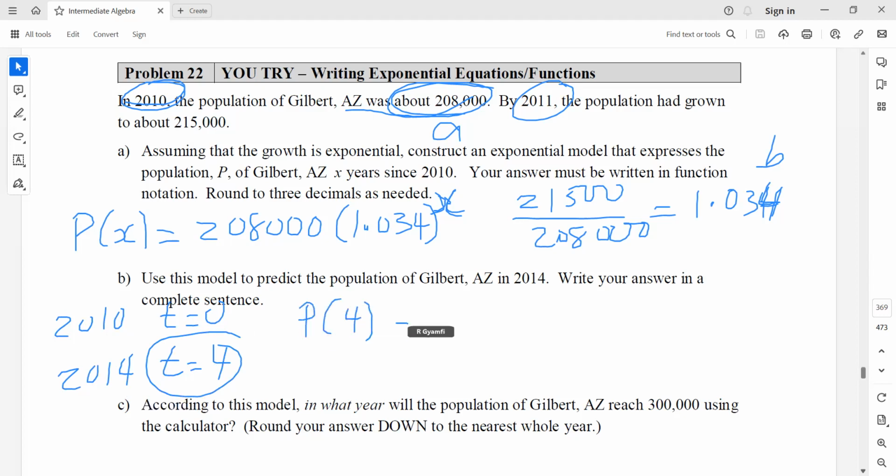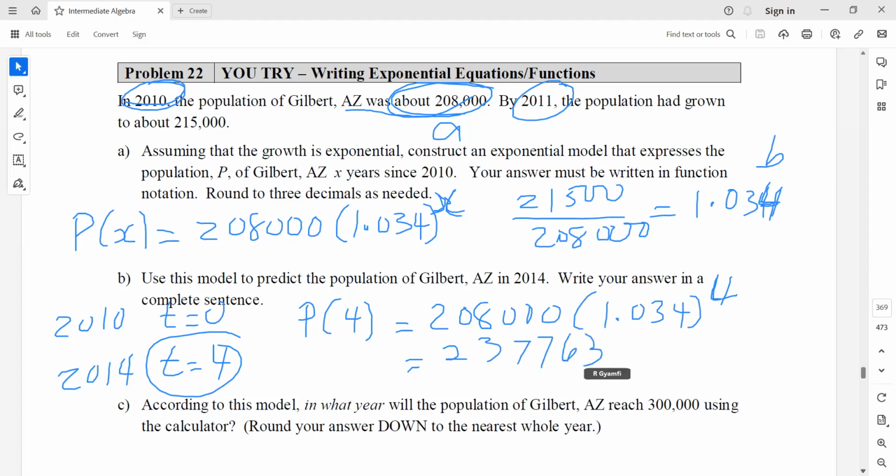P of 4 equals 208,000 times 1.034 to the power 4, and then put this in a calculator. And then what are you going to get? I think you're going to get 223,776.67, and approximately we can say 223,776.